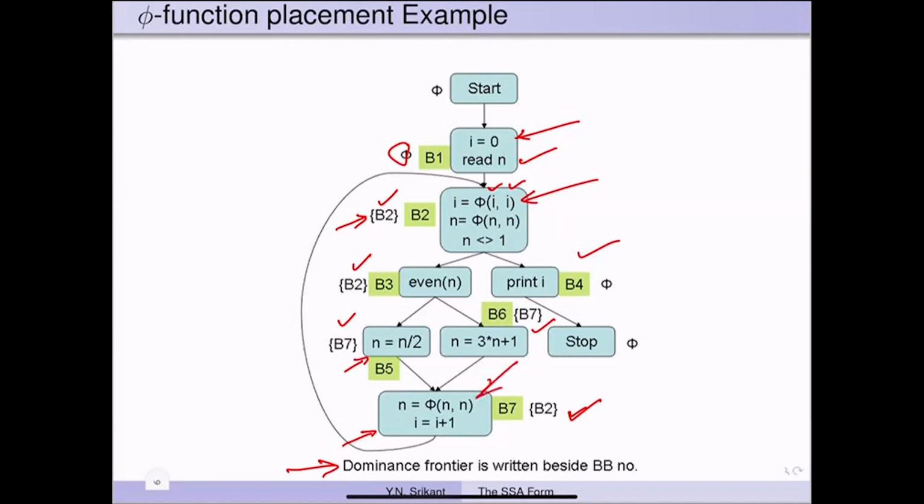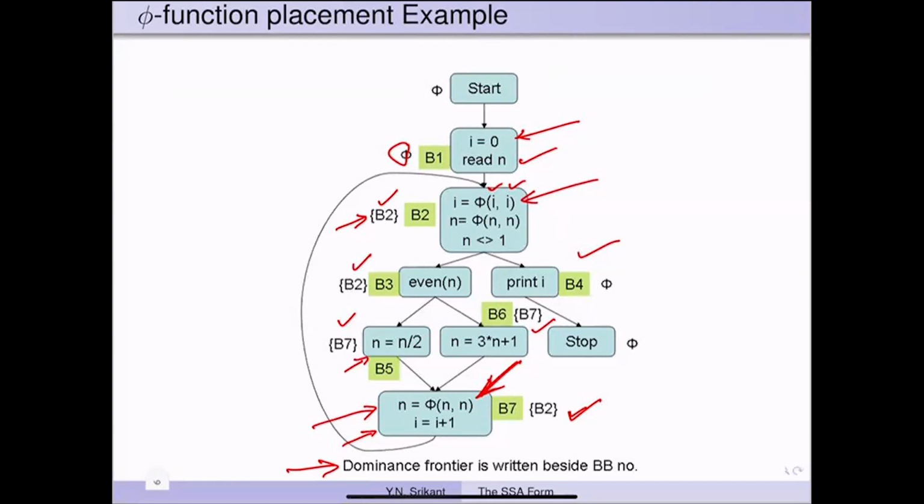So we have a trivial 5 function inserted here. B6 and n again give you the same B7 and we insert the 5 function here. Now we have a 5 function in which there is an assignment to n. So now we add B7 into the queue.